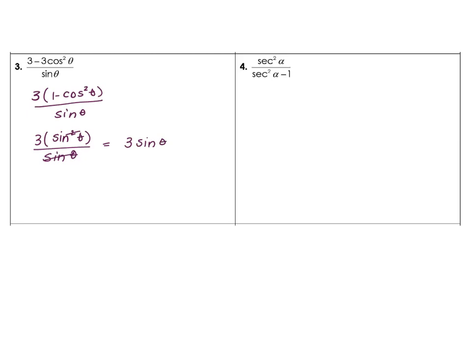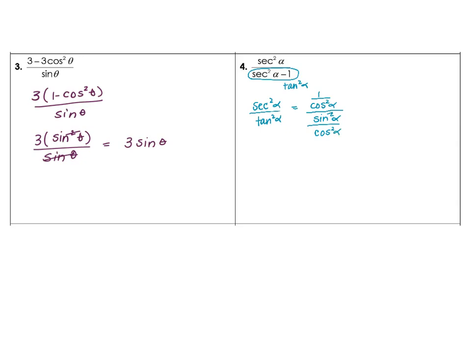Okay, for number 4, we will need to go through and change this denominator. This is one of those Pythagorean identities, and that is going to be equal to tangent squared alpha. So we really have secant squared alpha over tangent squared alpha. And rewriting that, we see we have 1 over cosine squared alpha, and tangent squared is going to be sine squared alpha over cosine squared alpha.